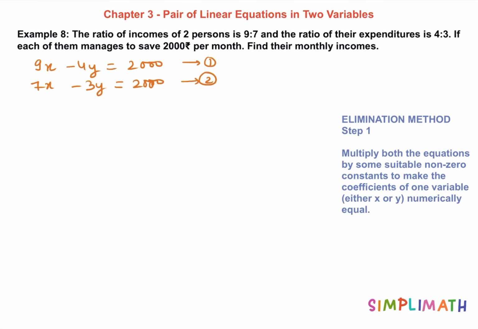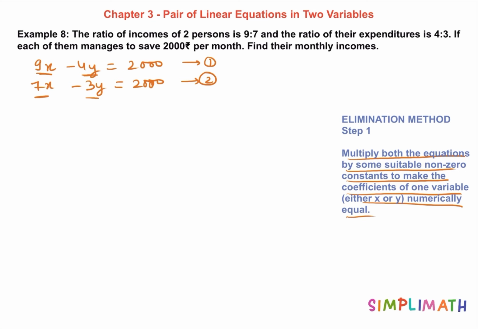Now step 1 of the elimination method says to multiply both the equation by a suitable non-zero constant to make the coefficients of any one variable, be it x or y, numerically equal. So what we are going to do is we will try to make either the coefficient of x in both the equations same or the coefficient of y in both the equations to be same.